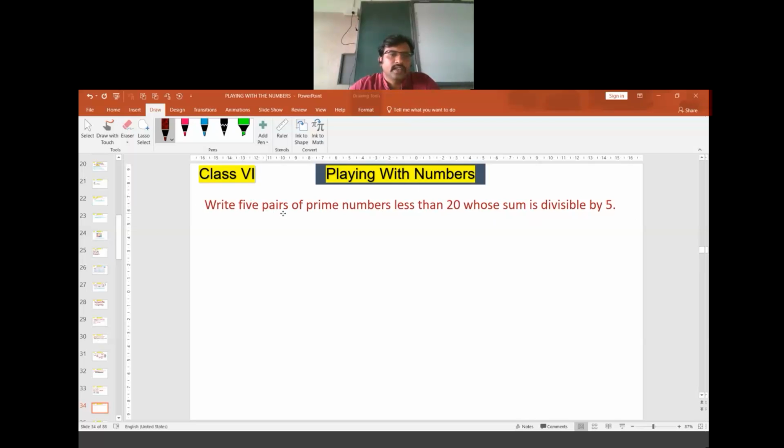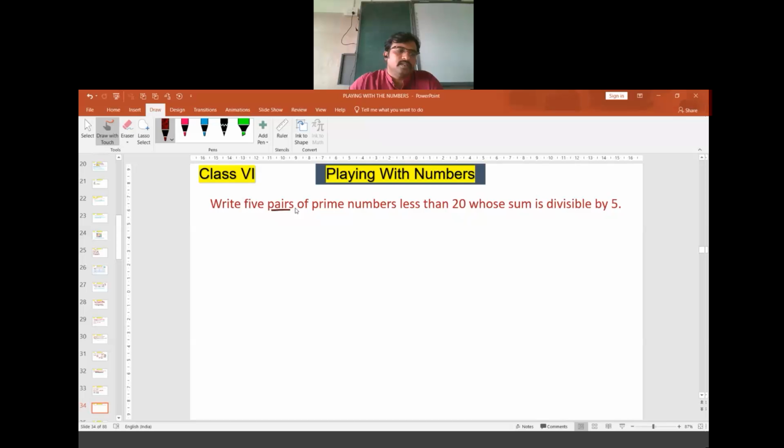Whenever the question is like making pairs, you have to write in this format. First pair I'll be writing as 2 comma 3. It is because 2 added to 3 gives 5, which is divisible by 5.